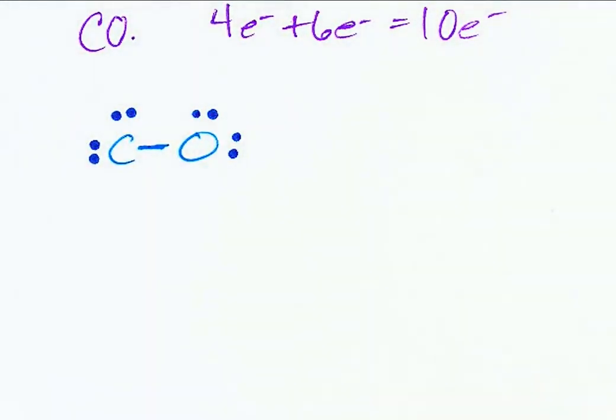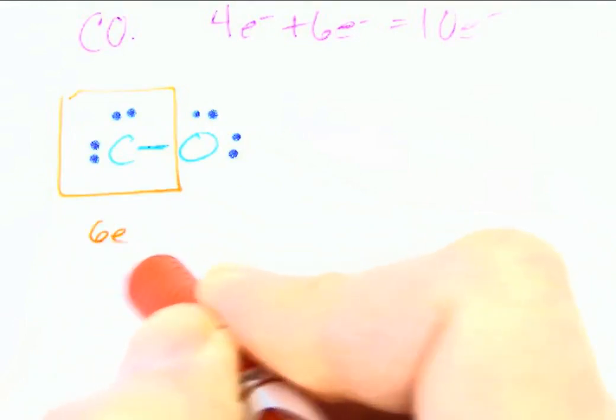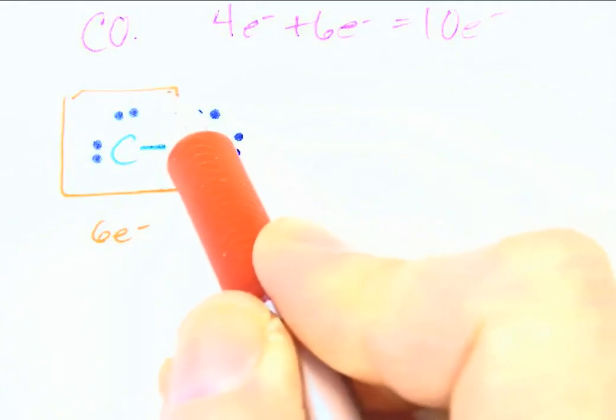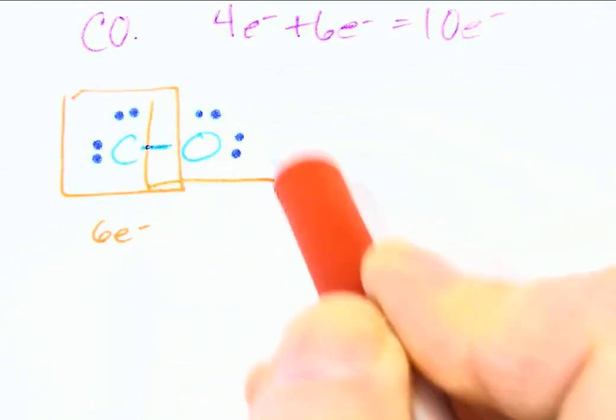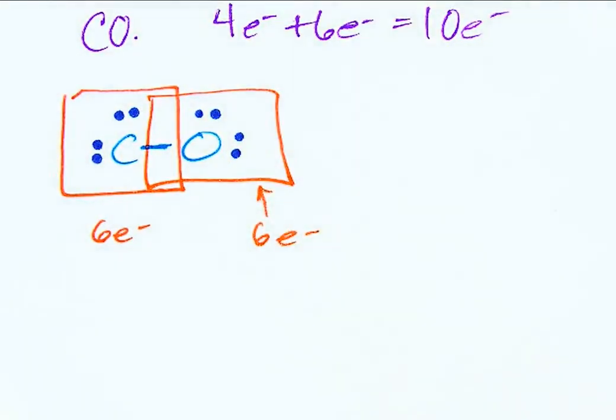Now we have quite an arrangement here because we don't have 8 for either one. If we look here, this has 6 electrons attributed to carbon. And then we have 6 attributed to this one also. And so that can't work because we won't be finished.